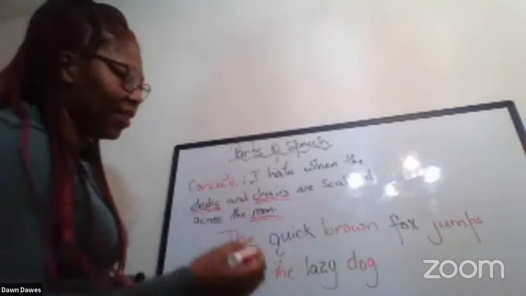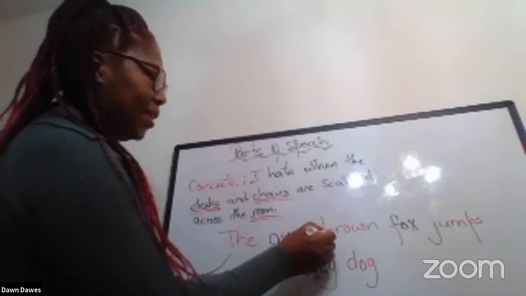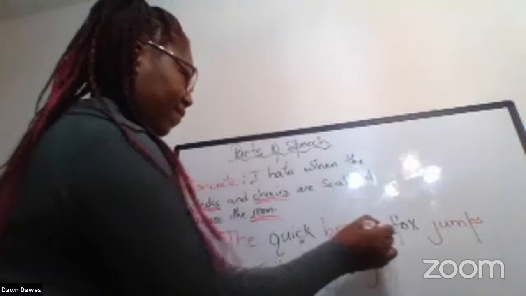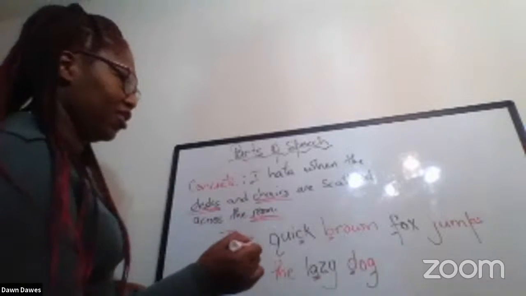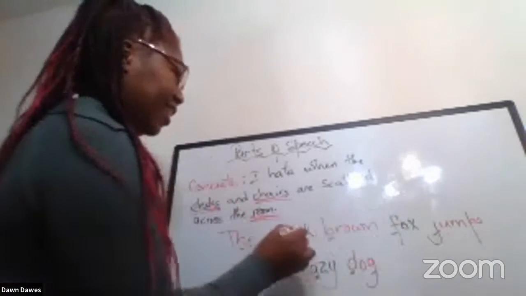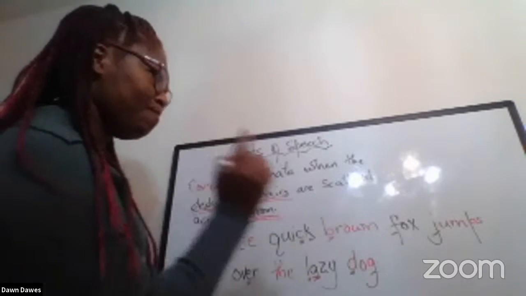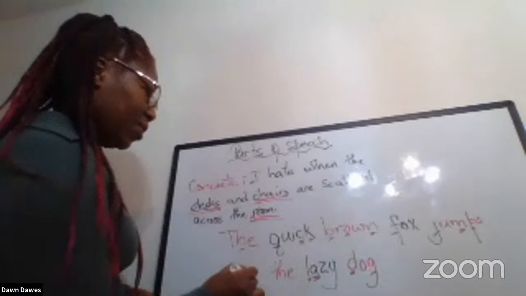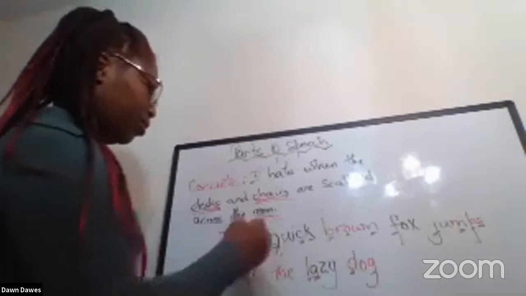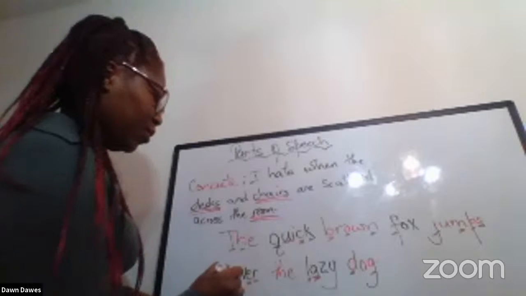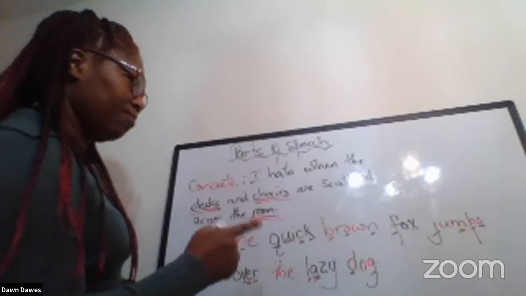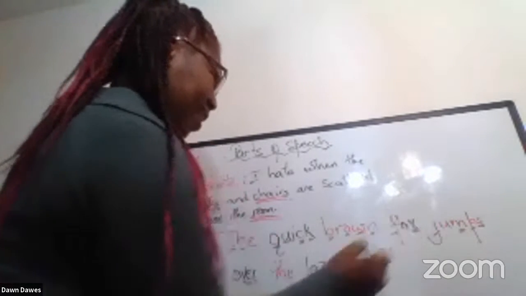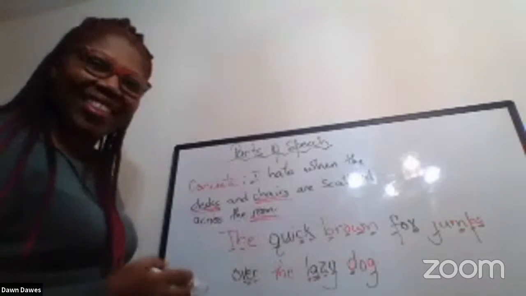Now, see, we have A, B, C, D, E, F, G, H, I, J, K, L, M, N, O, P, Q, R, S, T, U, V, W, X, Y, and Z. See?